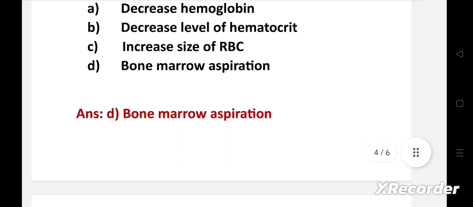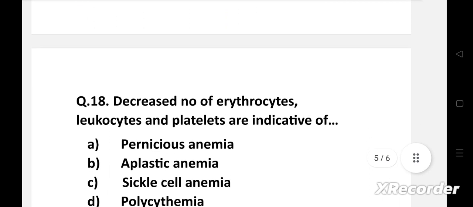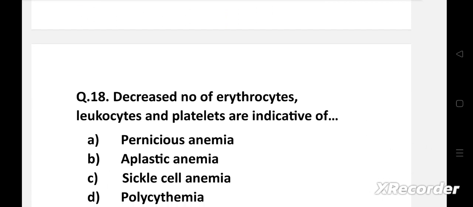Next question. Decreased number of erythrocytes, leukocytes and platelets are indicative of: option A, pernicious anemia; B, aplastic anemia; C, sickle cell anemia; D, polycythemia.